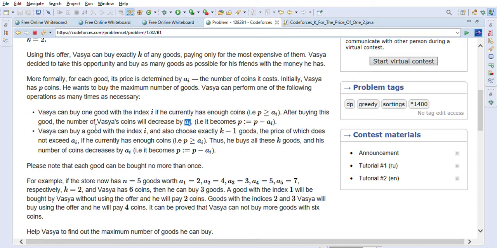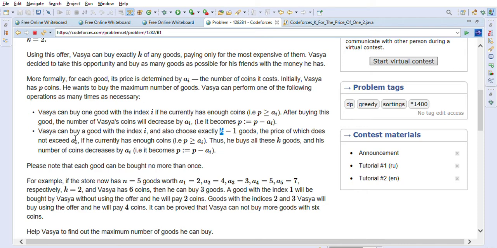Vasya can buy a good with index i and also choose exactly K minus 1 other goods, the price of which should not exceed a_i. K is always 2 in this problem, which means the one extra good he gets should cost no more than the item he bought, so it should be equal to or less than that cost.